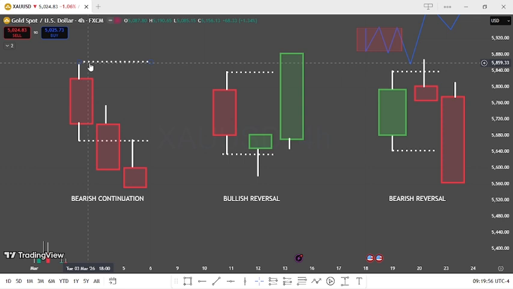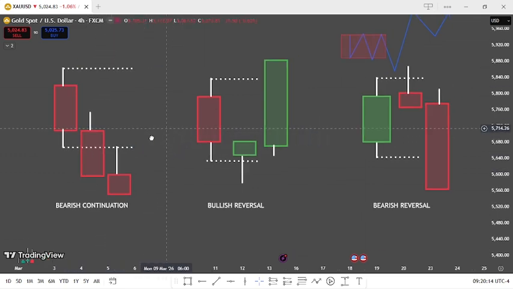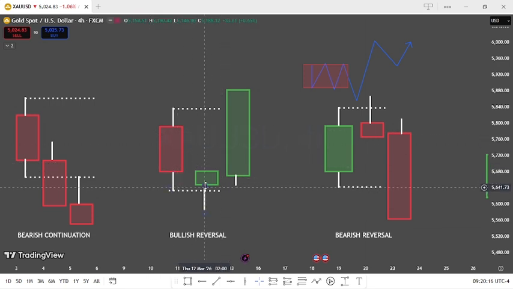So wait for that 5 a.m. candle to finish forming before you go down to your 15 minutes and look for a CRT to form within the high and the low of this candle. Wait for 15 minutes action on the high or on the low to see what actually plays out.